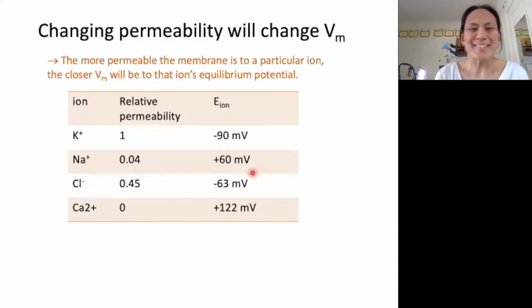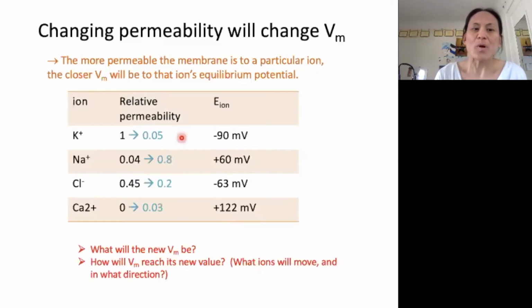All right, we're going to start with this same table that you saw in the previous video. This shows your typical permeabilities and typical equilibrium potentials for a neuron at rest. But let's imagine what is going to happen when we change the permeabilities in that cell.